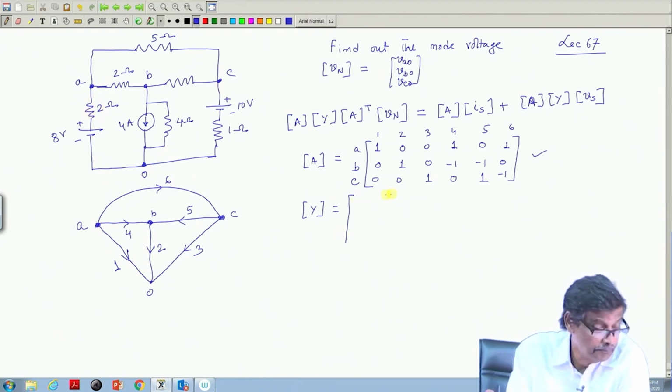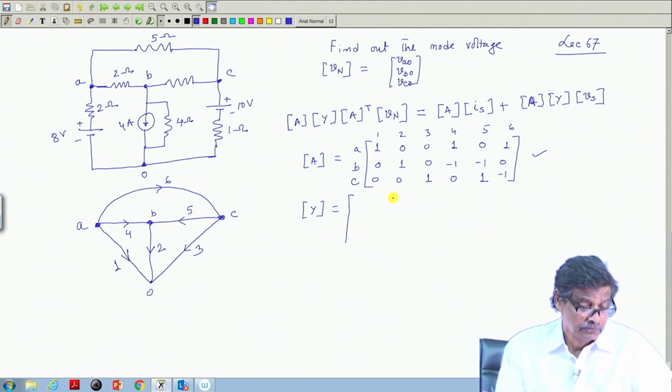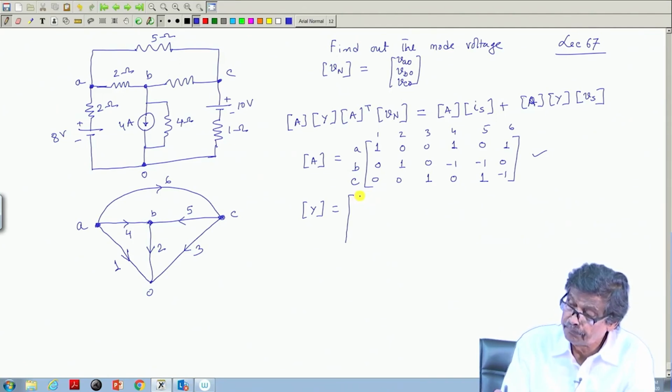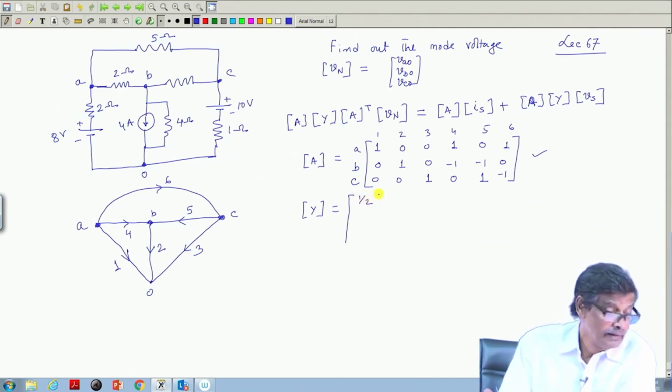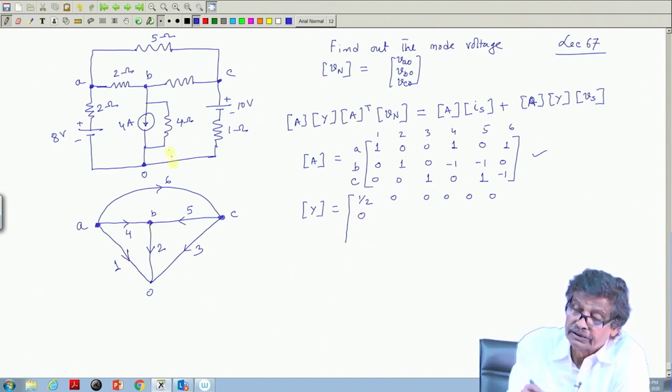So, it will be half. So, in the Y matrix, this element will be half and others are 0, 1, 2, 3, 4, 5, 6, there are 6 elements. Similarly, element 2, this one, here resistance is present, yes, 4, 1 by 4.